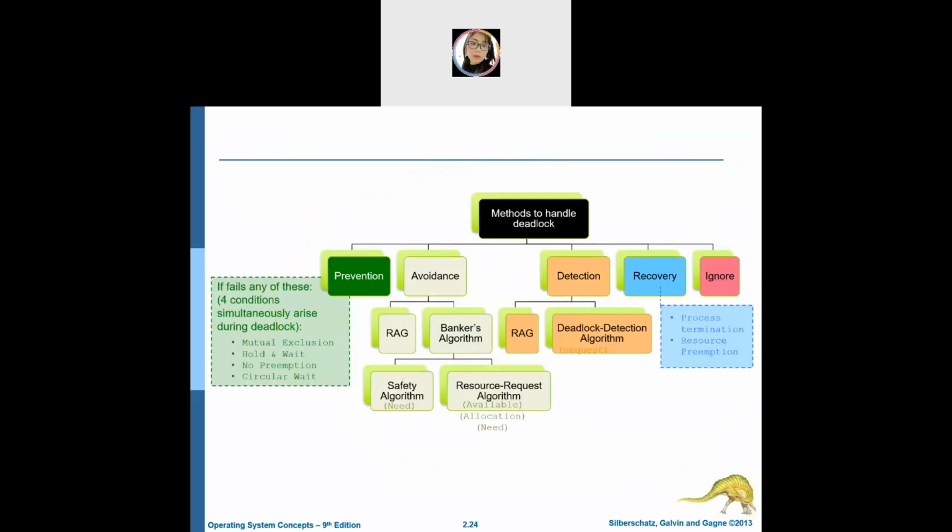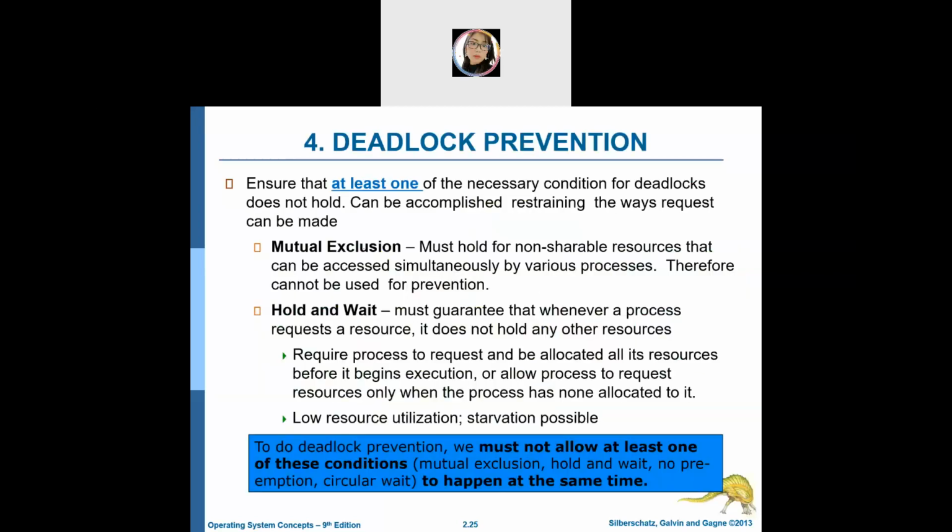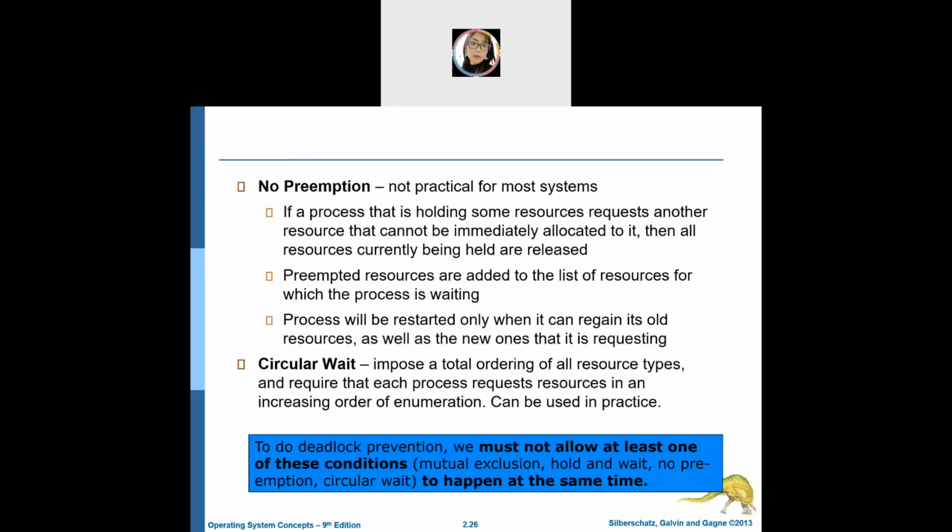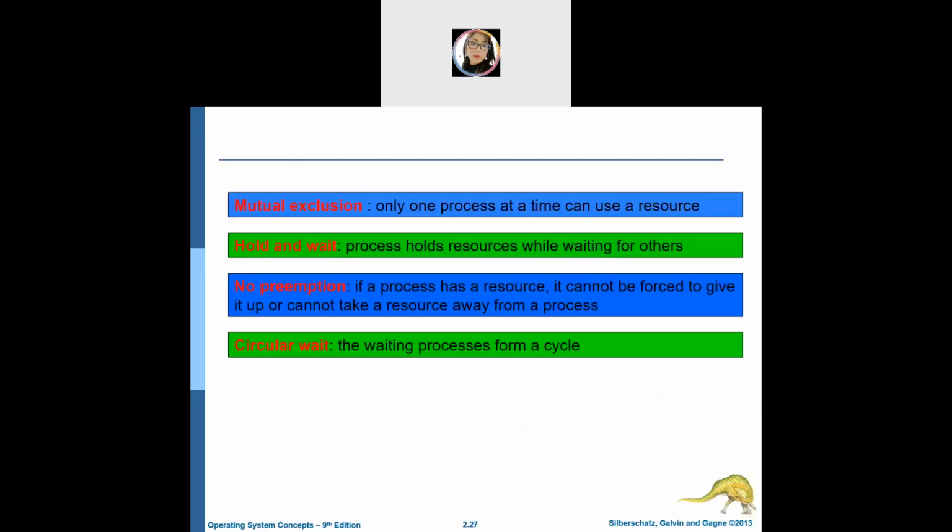And in terms of prevention, if any of these four conditions fails, deadlock cannot arise, since they must arise simultaneously for deadlock. So you need to look into these four: mutual exclusion, hold and wait, no preemption, and circular wait. Last time we did touch on these.